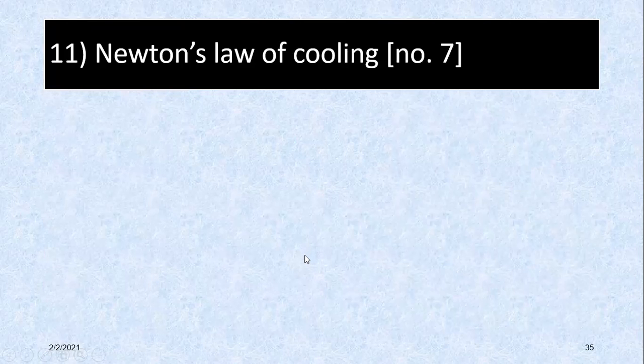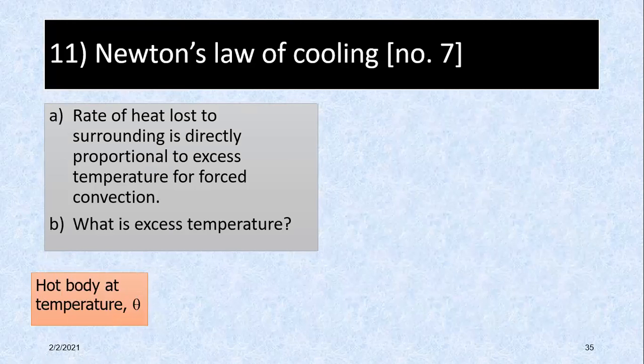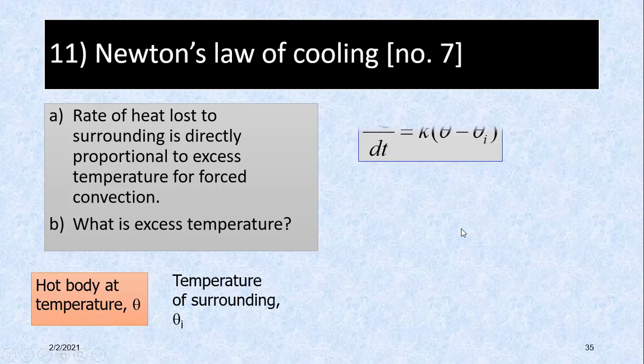Newton's law of cooling, number 7: rate of heat loss to surrounding is directly proportional to excess temperature for forced convection. What's excess temperature? Well, you have a hot body with temperature theta. Room temperature or surrounding temperature is theta I. So we just write down Newton's law.